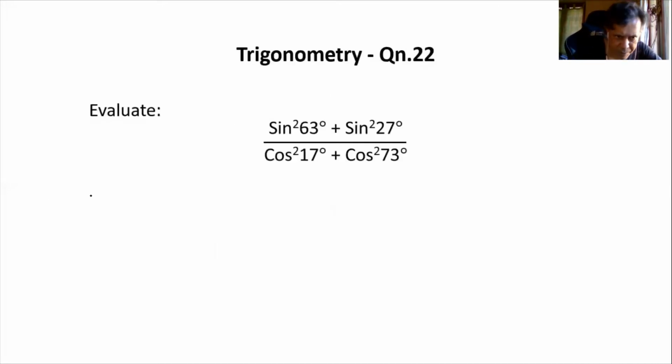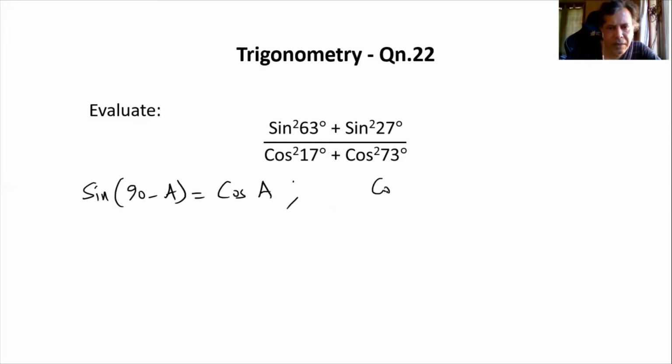So here we will be using the complementary angle formula, which is sine of 90 minus A. We know it is cos A. Similarly, cos of 90 minus A, we know it is sin A. So we will apply both for us to evaluate this.